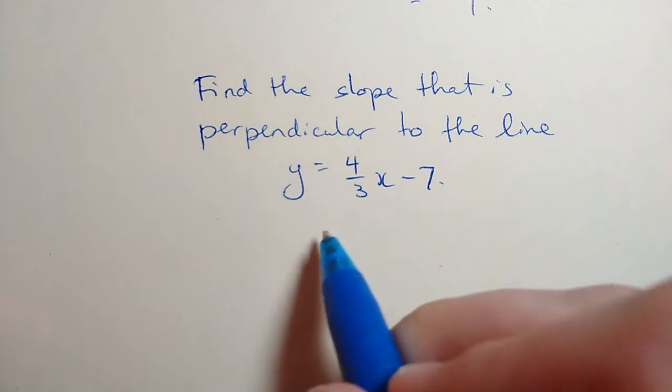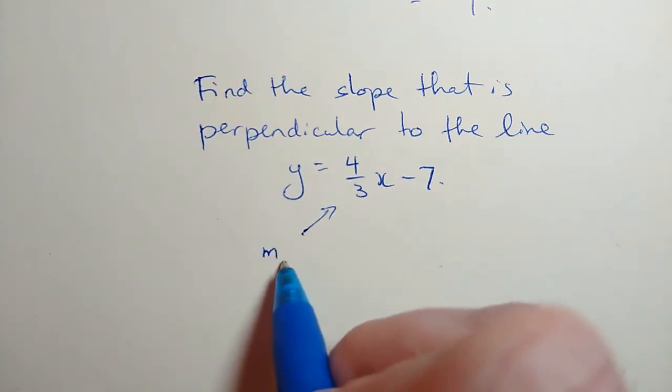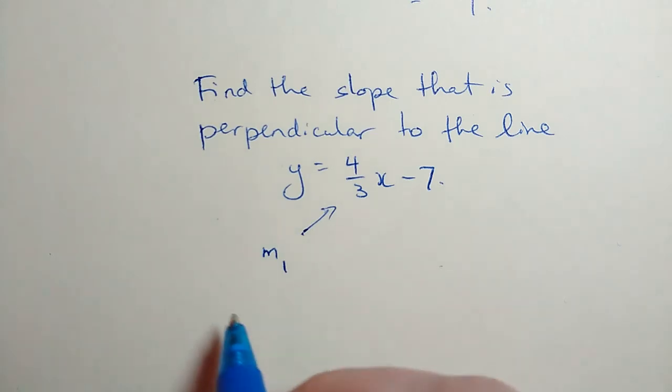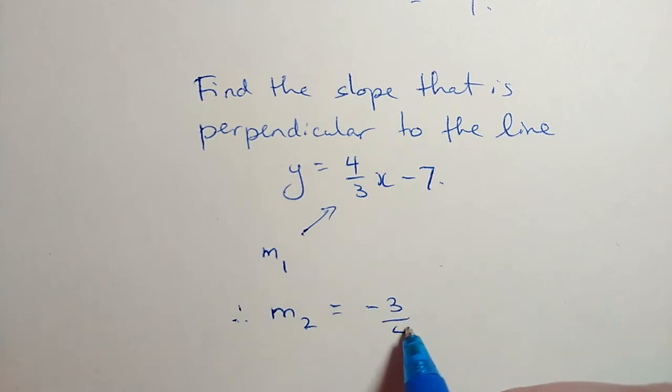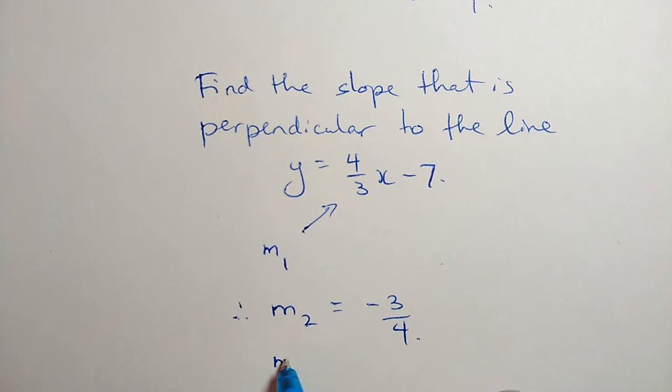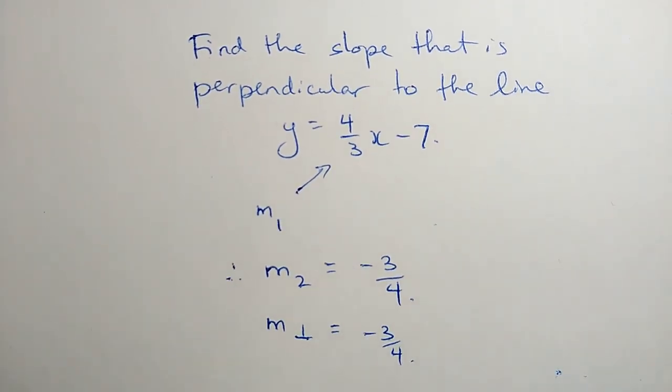So to solve this, we first identify the original slope is 4/3. Let's call that m1. m2, since it has to be perpendicular, will be -3/4. And we'll sometimes use the symbol m with a little upside down T, to show the perpendicular nature of it. So that is -3/4. So those are two different ways that we can write it.